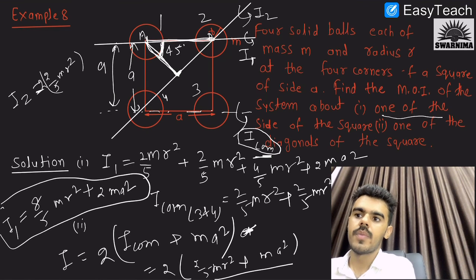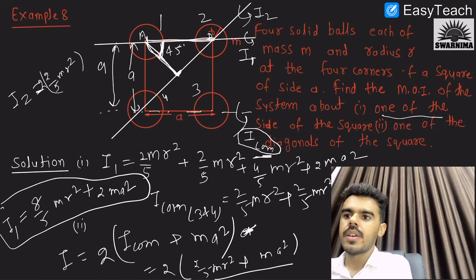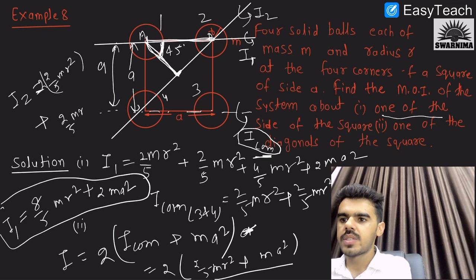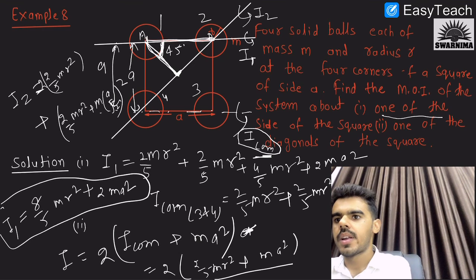So A by root 2. But due to 1 and 3, it is I center of mass plus m r square. So I center of mass is 2 by 5 mr square plus m into (A by root 2) square. And this is multiplied by 2.